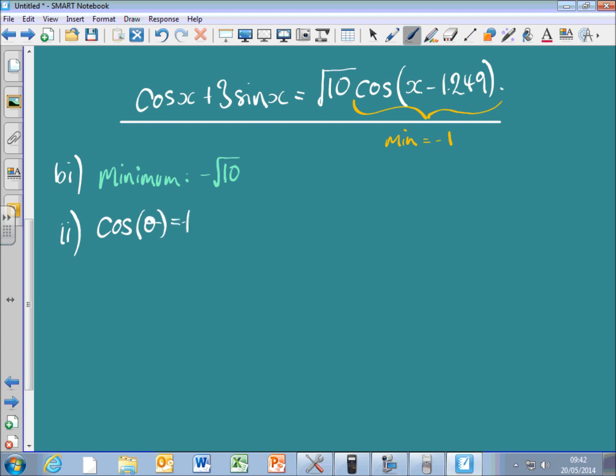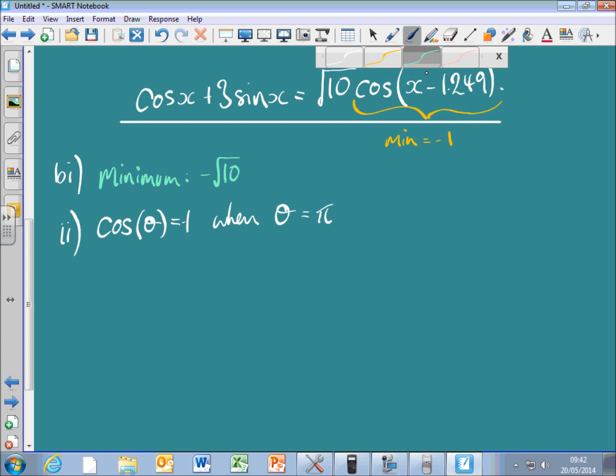We're trying to find when it's minus 1, when theta is pi radians. Okay, that's just from the cosine curve. When theta is pi radians, we get a value of negative 1 for cos theta. So I'm just trying to find the value when theta is pi. I get negative 1.